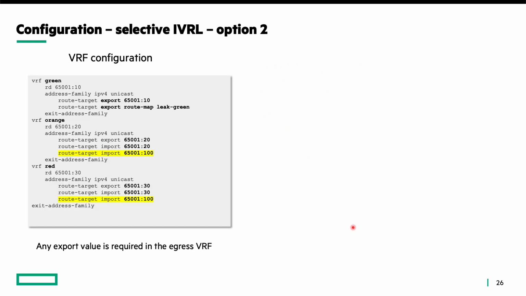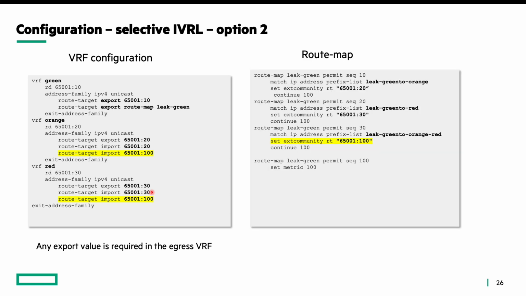So option 2 can be a bit more elegant and a bit more scalable. Here you define a route target value which represents leaking for importing into orange and red. So here my 100 identifies ingress VRFs orange and red, and they also have a unique VRF number, sorry, unique AS number, which is 20 and 30.